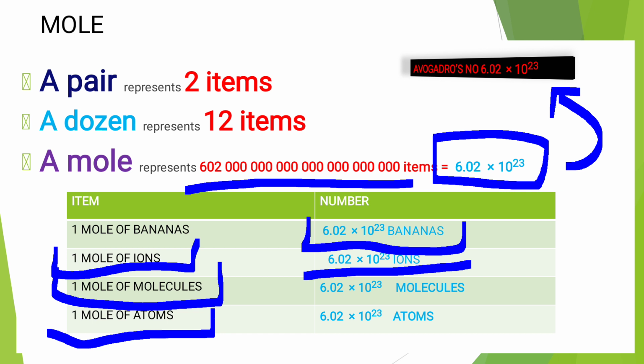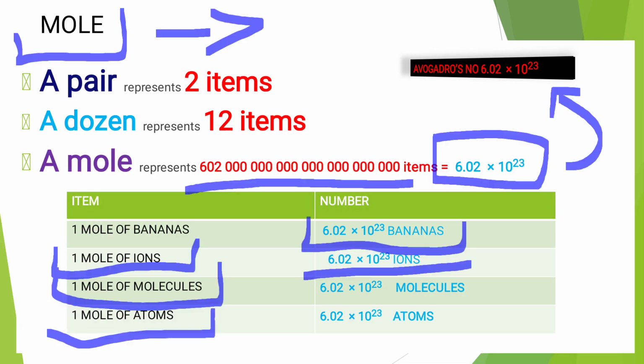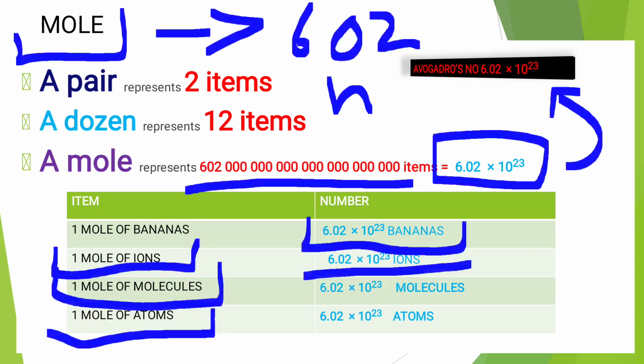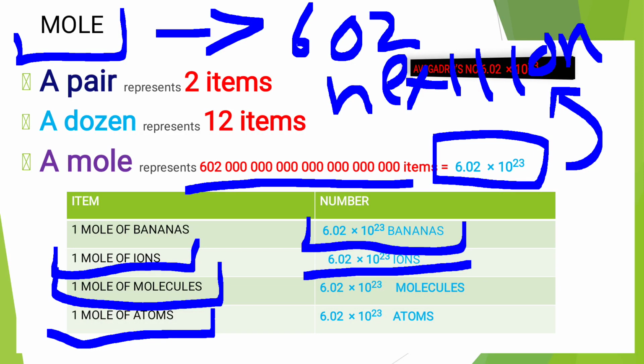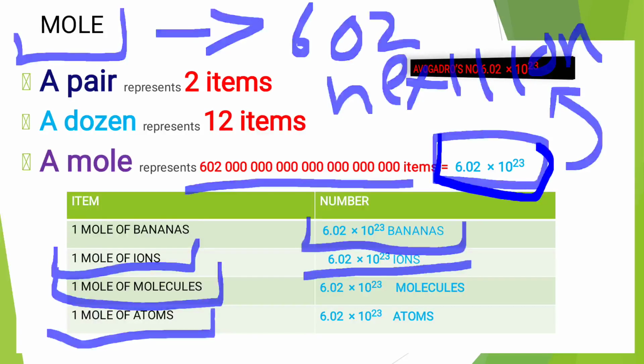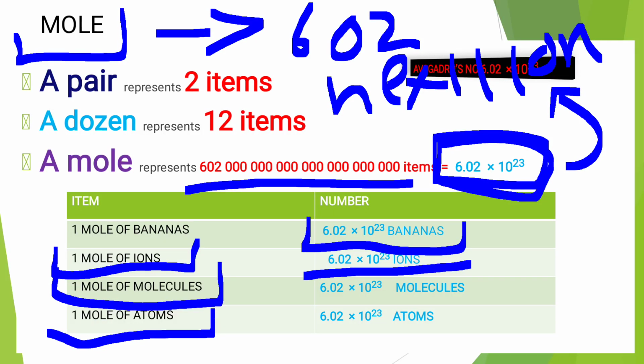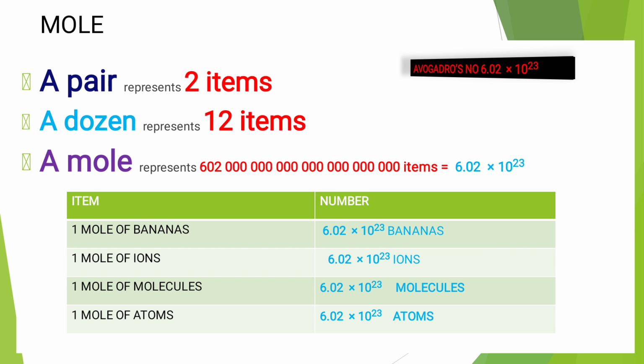Therefore, mole is just a unit of measurement. And every time you hear of a mole, what should come into your mind is 6 or 2 exillion, which in standard form is this particular number, also known as Avogadro's number.